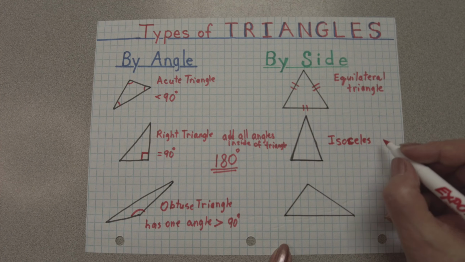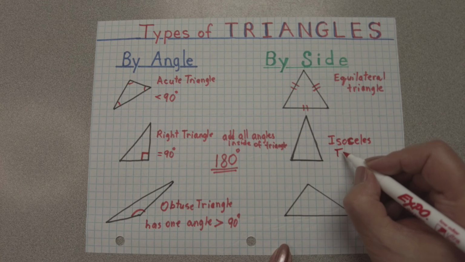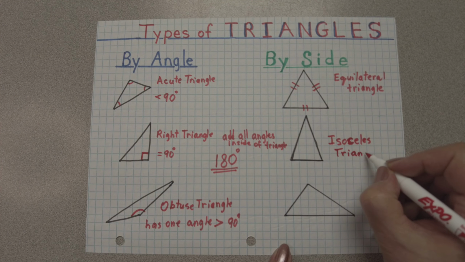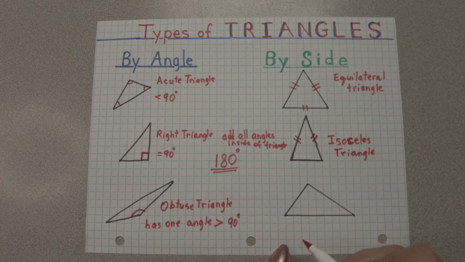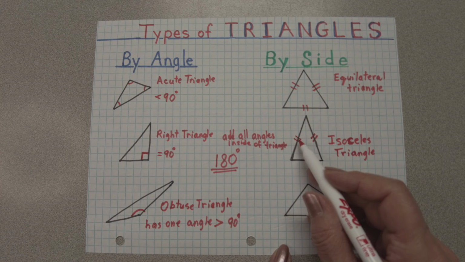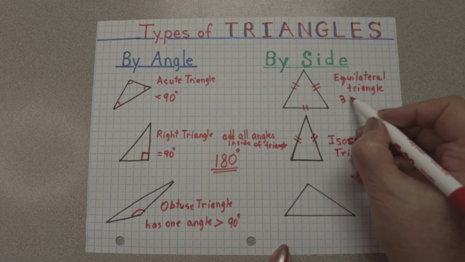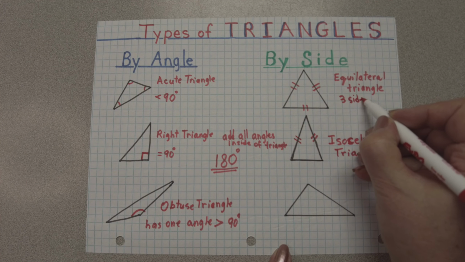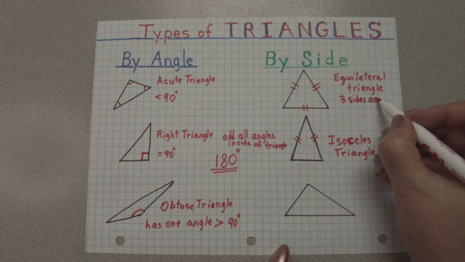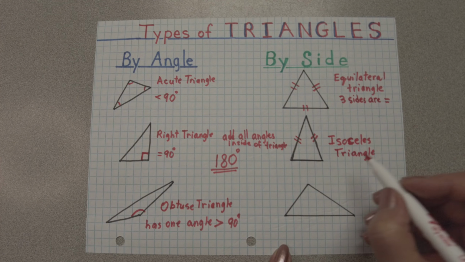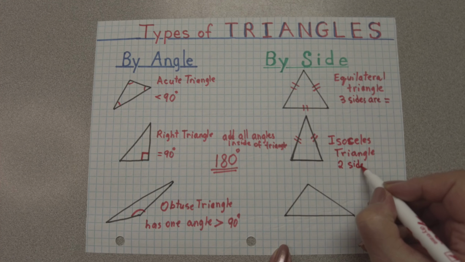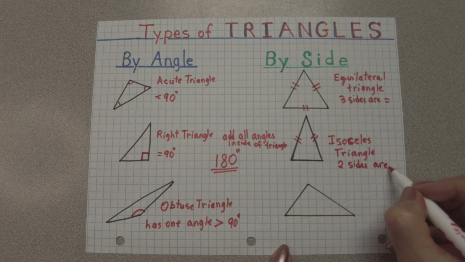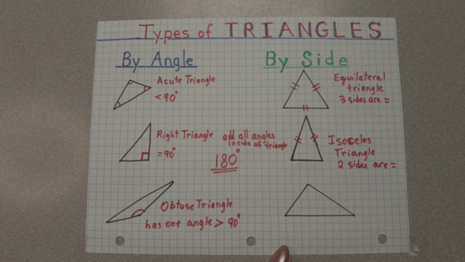But isosceles, let's write down, triangle. So isosceles has only two sides equal. This side is not equal. In this case, two sides are equal for isosceles.